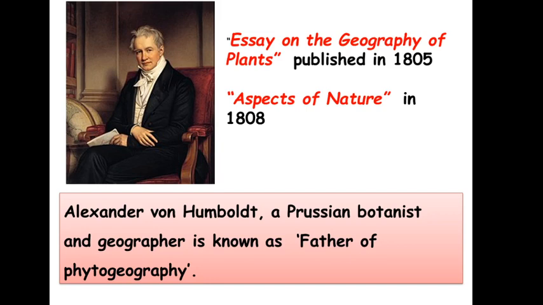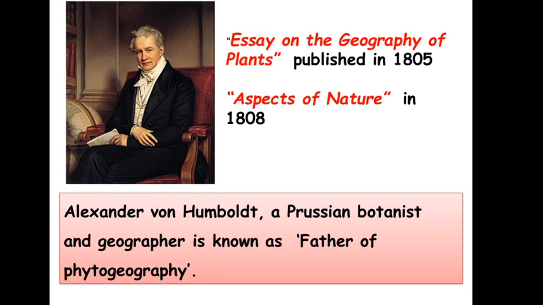He studied different topics of geology, physics, geography, etc. And towards the later part of his life, he compiled all his findings in 36 volumes and published them under one name. The name of the series of volumes is Cosmos, Kosmos.